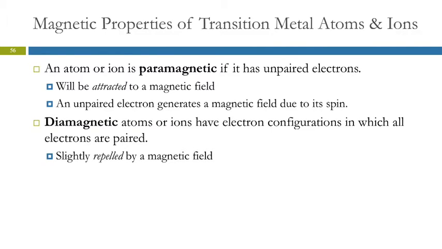A substance is paramagnetic if it has unpaired electrons. It will be attracted to a magnetic field, because those unpaired electrons generate their own little magnetic field because they're spinning. A charged body that's spinning causes a magnetic field. A diamagnetic atom or ion has all of the electrons paired, and that's going to be slightly repelled by a magnetic field.